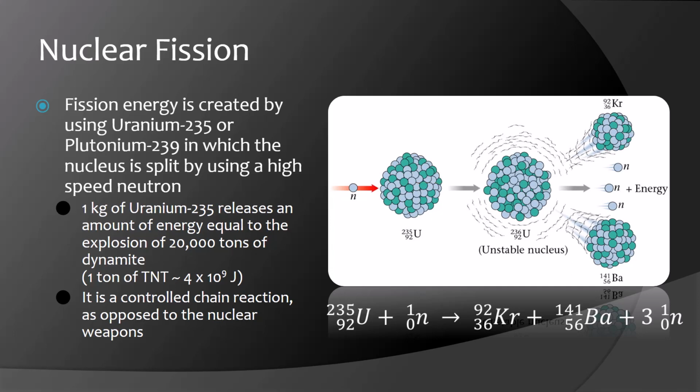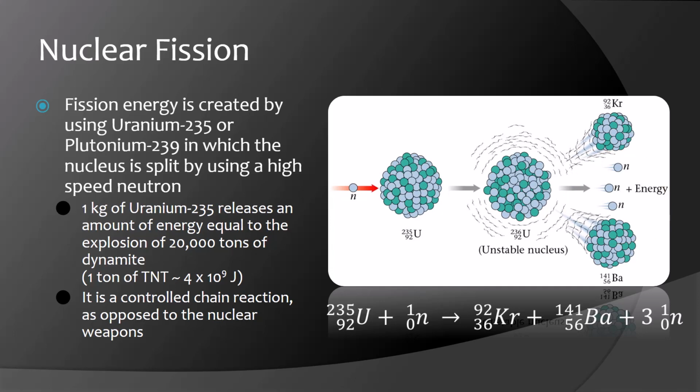As we can see here in the top right, we've got krypton-92 and the formation of barium-141. With this, we also see extra neutrons that are released in order to balance out that proton to neutron ratio, plus a crazy amount of energy.